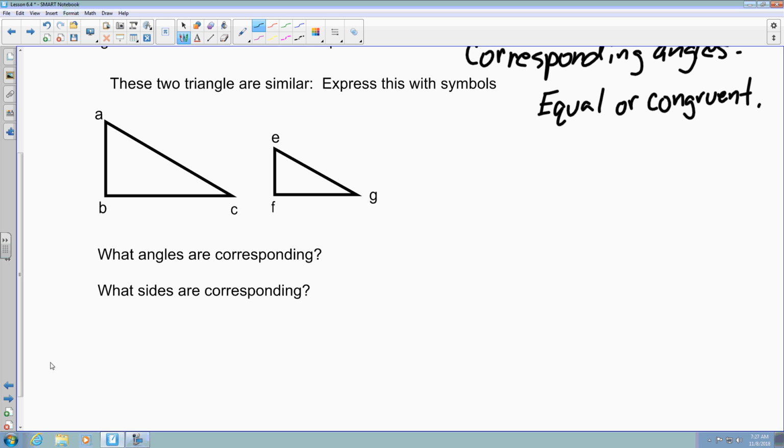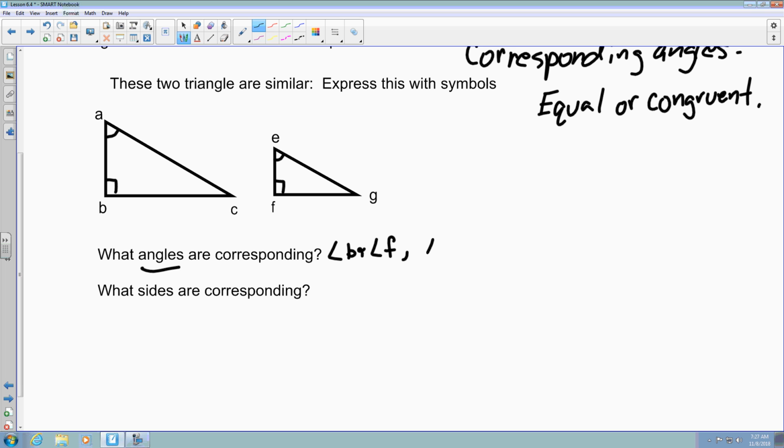All right, so first off, what are the corresponding angles? In this particular instance, if you look here, this looks like it's 90 degrees. And so this one also looks like 90 degrees. So we can say that angle B and angle F are corresponding. Next, I can look over here. I can look at this angle, and this angle appear to be the same.